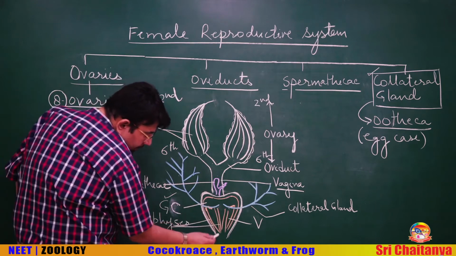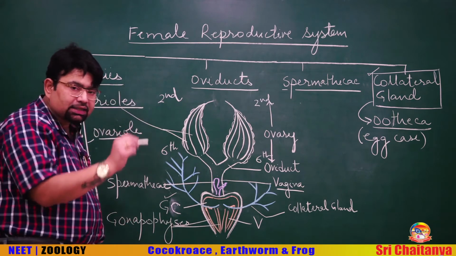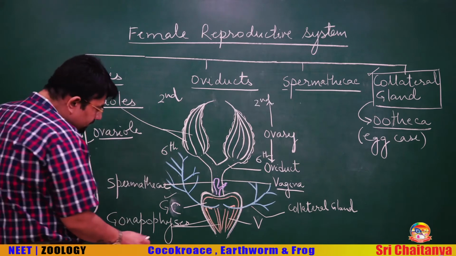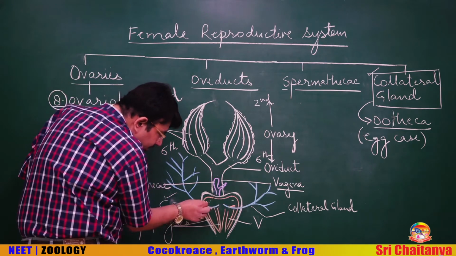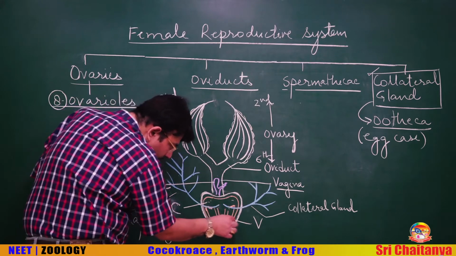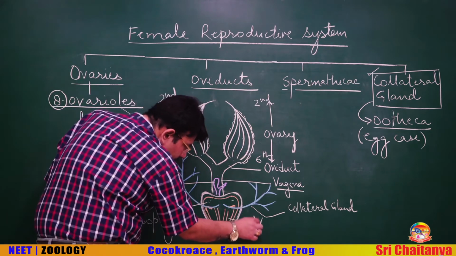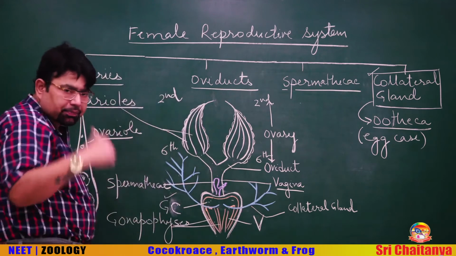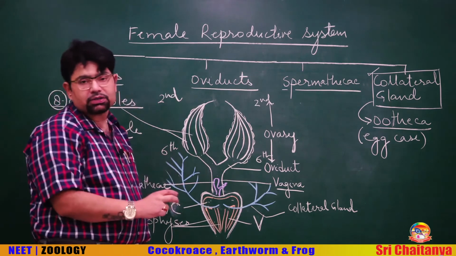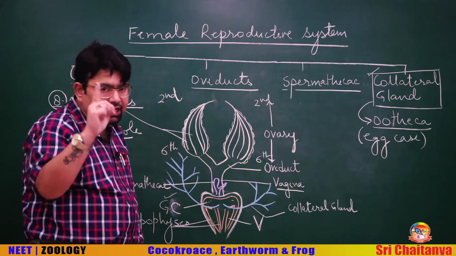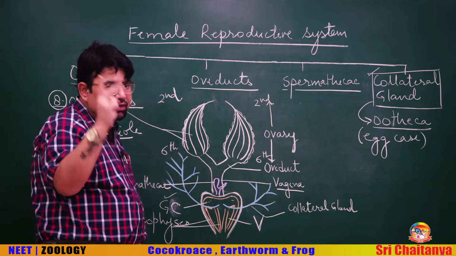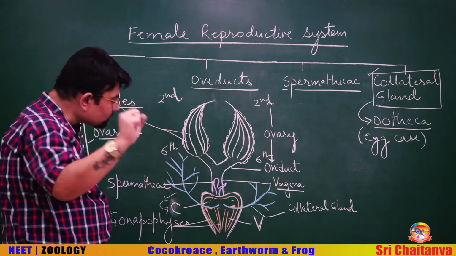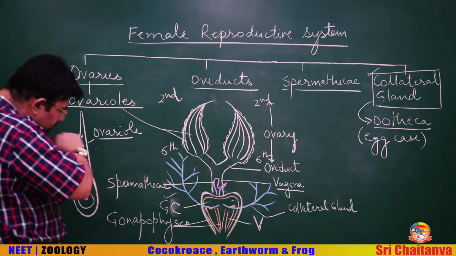Inside the genital pouch, this is the genital chamber, and the lower part is called the vestibule. I repeat, the genital pouch is made up of number 1, genital chamber, number 2, vestibule. Genital chamber and vestibule combine to form the genital pouch or brood pouch.